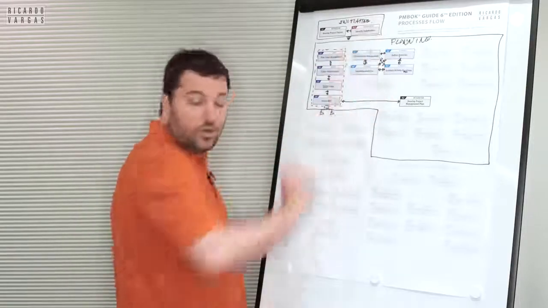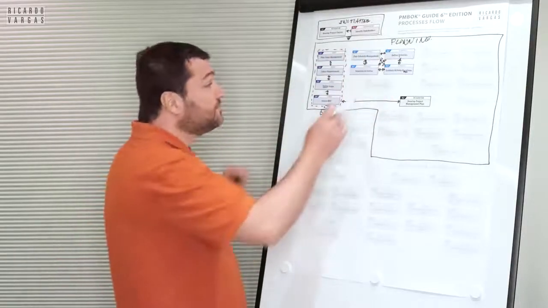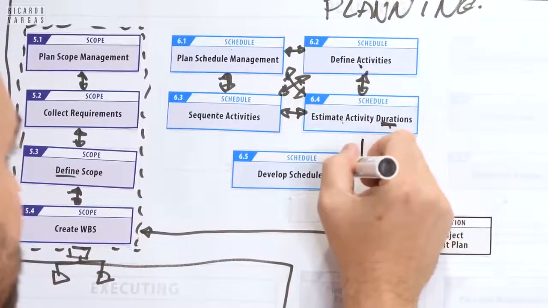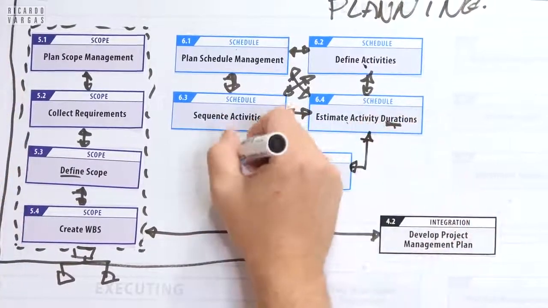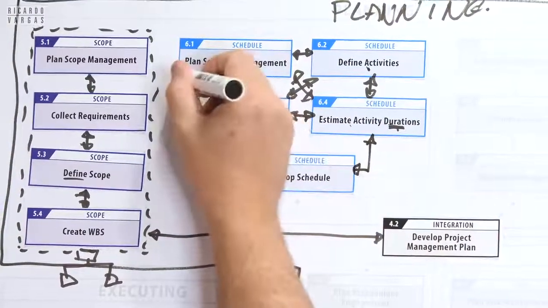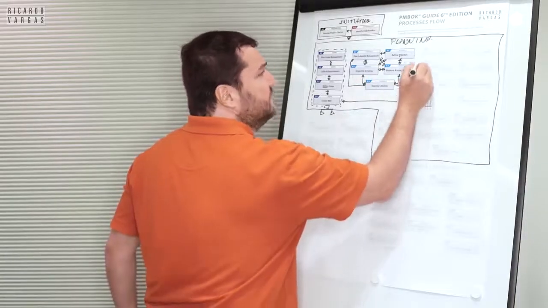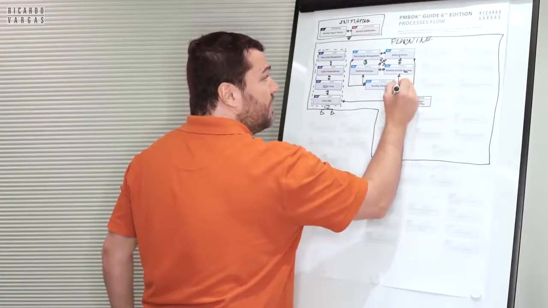And after doing all of this, you will develop your schedule. Many people ask me, okay, what is a schedule? Is it a Gantt chart? Is it a network diagram? Yes, and much more.